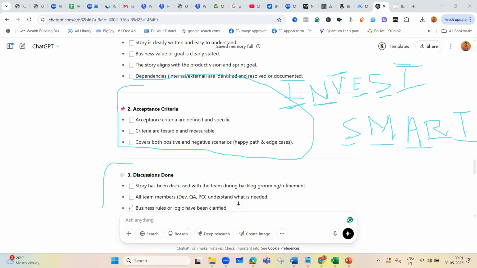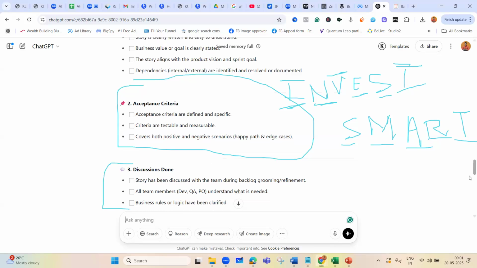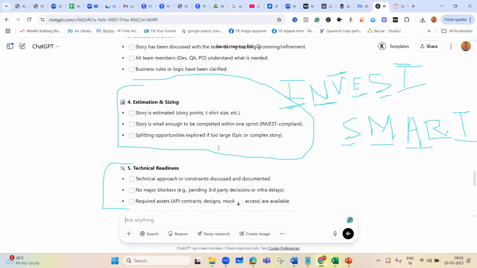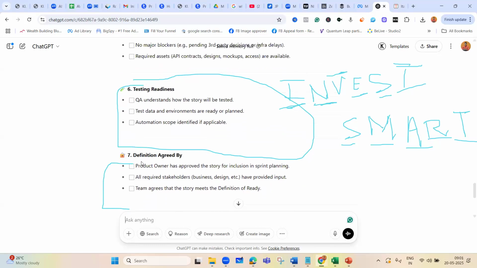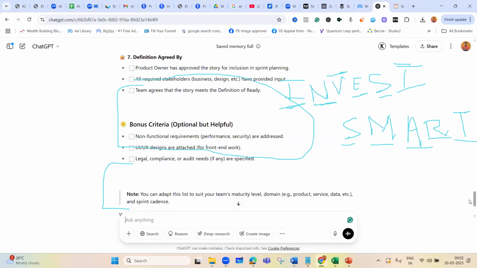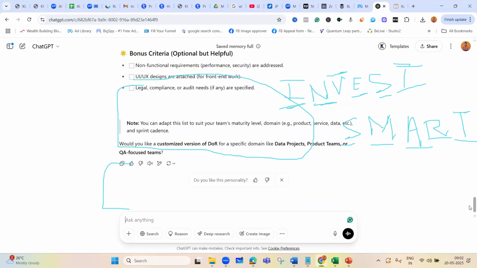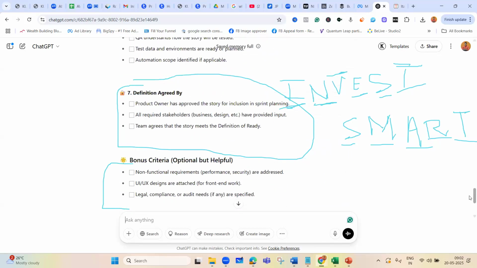Discussion done with entire team. Even that you are going to focus. So you see, there is a checklist and estimation and sizing, technical readiness. Everything is there before you start even developing. Definition agreed by these people. See, we took on the two sections: one is definition of ready and the other is definition of done.